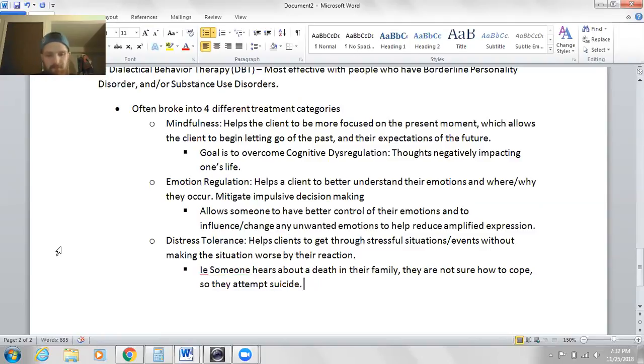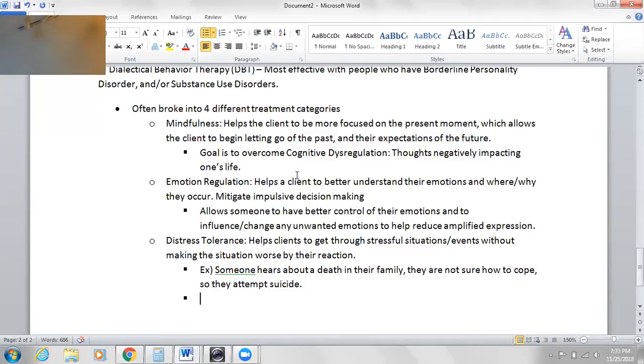And I'm sure you guys have worked with a couple of clients who didn't really know how to express their feelings in a situation, and they did try to complete suicide, or they overdosed, or they started using substances out of nowhere, or broke in, or started doing behaviors that they otherwise would not have done.